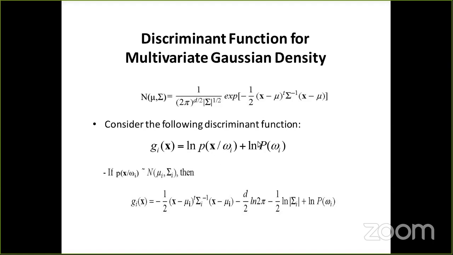If you get rid of the log, this is essentially p of x given omega multiplied by p of omega, which is equivalent to the posterior distribution that we were using as a discriminant function. We are just putting a log over here, and the reason is that in the normal distribution we have exp, and log and exp cancel out, which simplifies our calculation. So this is how our discriminant function looks.